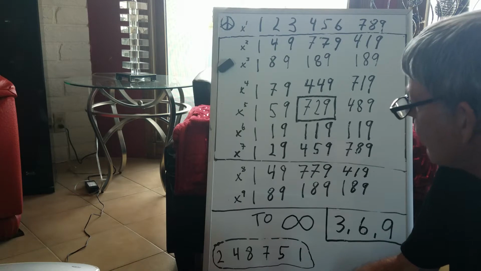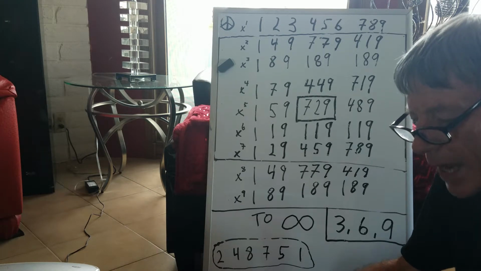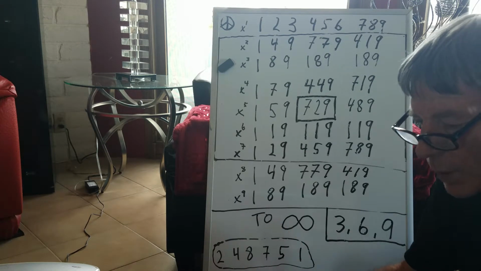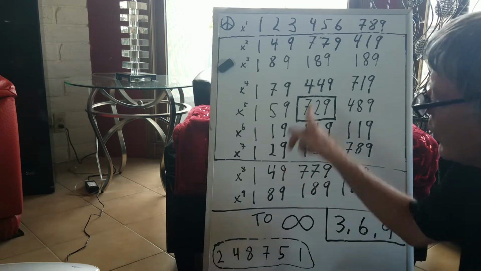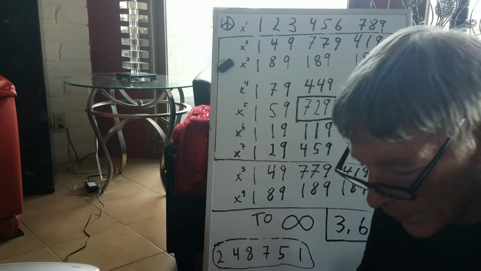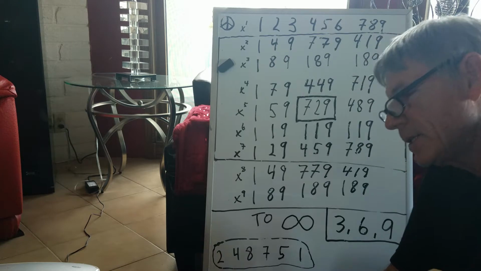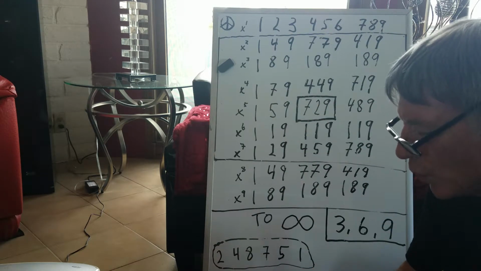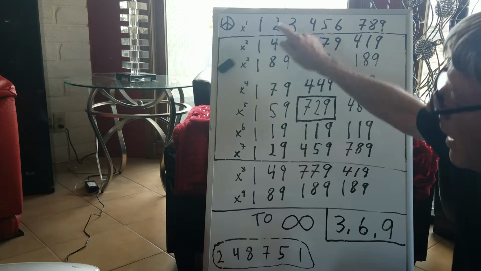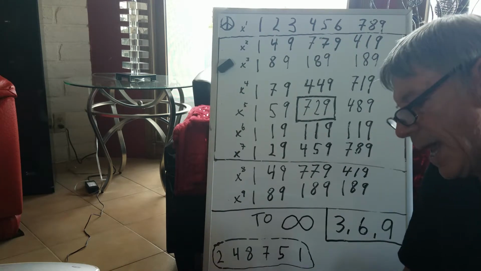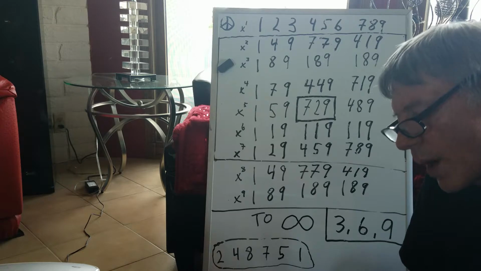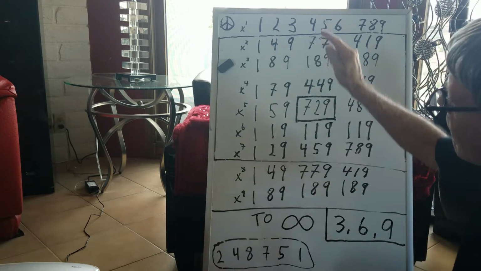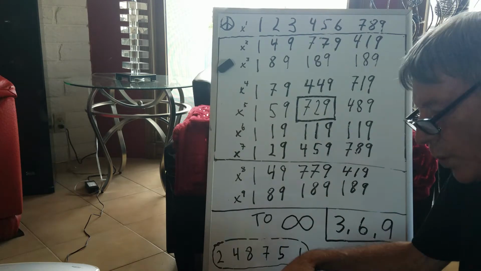So what we're going to do is you just take a calculator, or you can do it on a piece of paper, and I'm going to show you that this thing is more powerful than your calculator. It's a supercomputer, okay? So let's just take 1, 2, and 3, which I mentioned before is a 6. And if we square 123, we're going to get a number of 15,129.